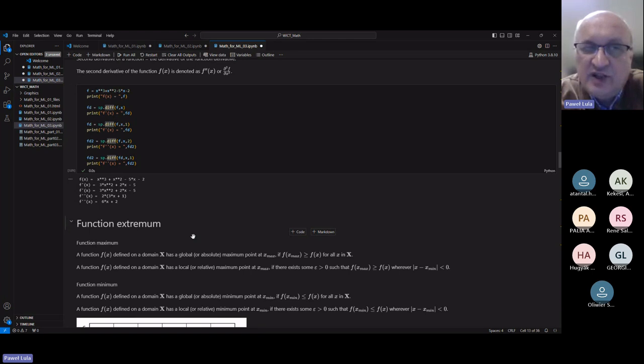Because a criterion function very often describes errors, mistakes, and we want to find parameters for which this error value will be the smallest. Therefore, we are going to minimize it.